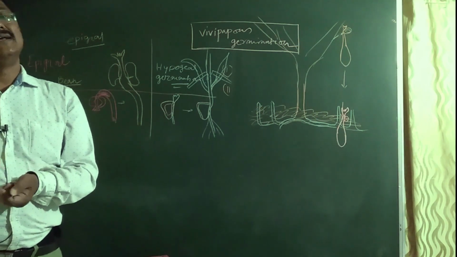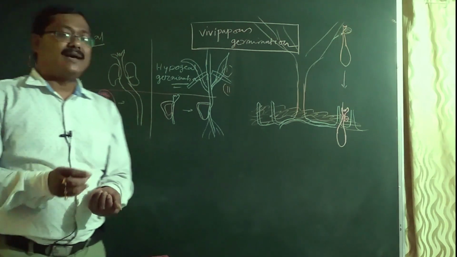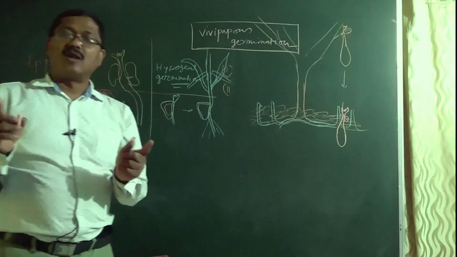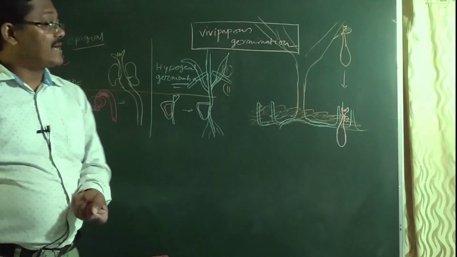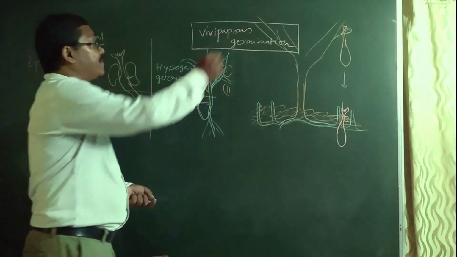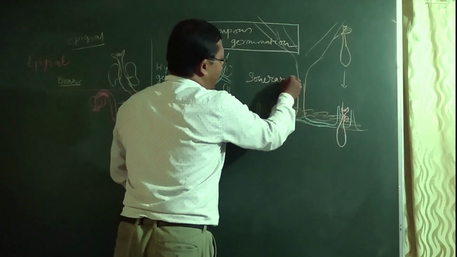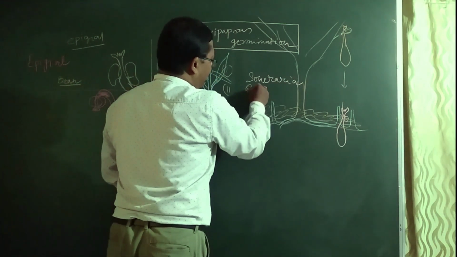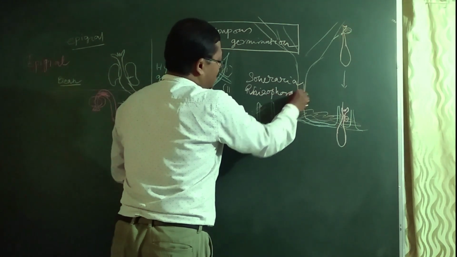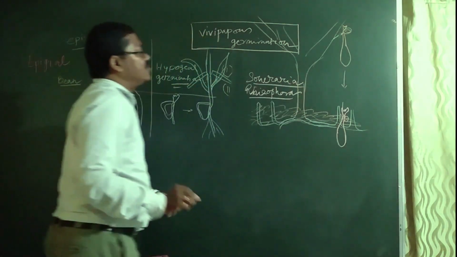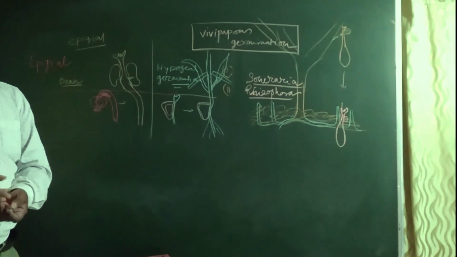Mammals are this group of animals where they give birth to small babies, just like this type of mangrove plant. What is the name of the plant? Sonneratia. Sonneratia, Rhizophora are different mangrove plants.